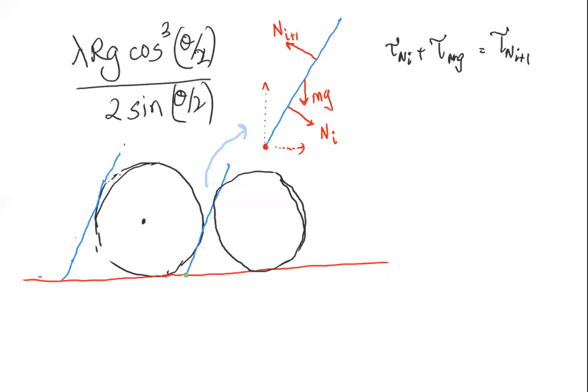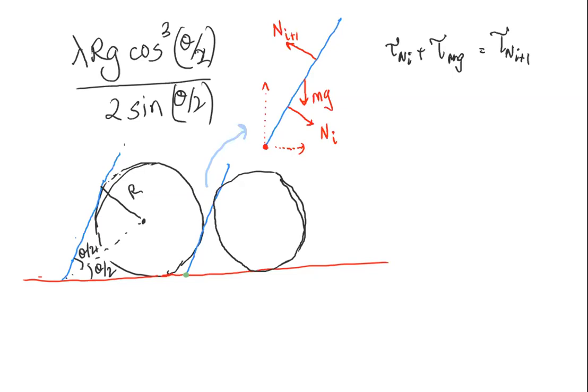So if I remember correctly, this was given as R, okay? And you told me that this angle would be theta by 2. Therefore, this angle would be theta by 2.